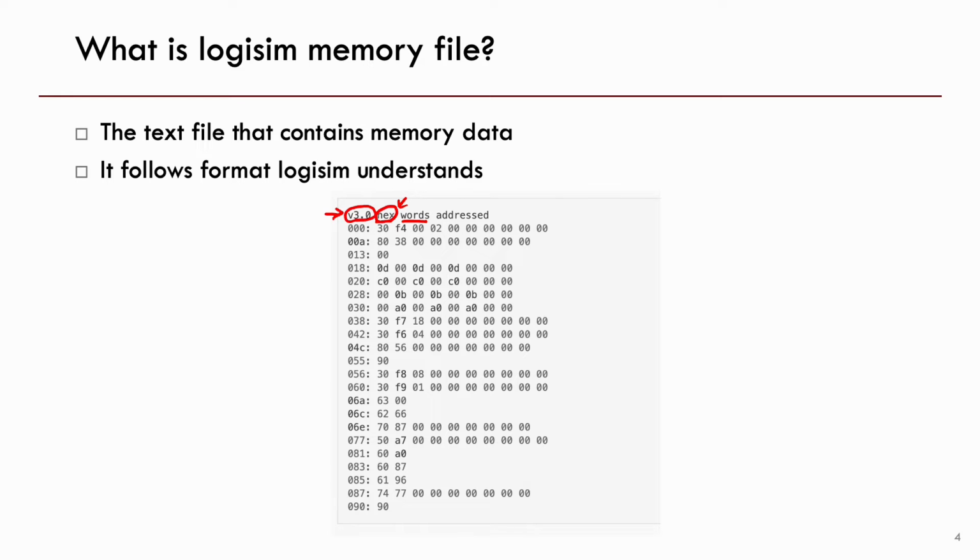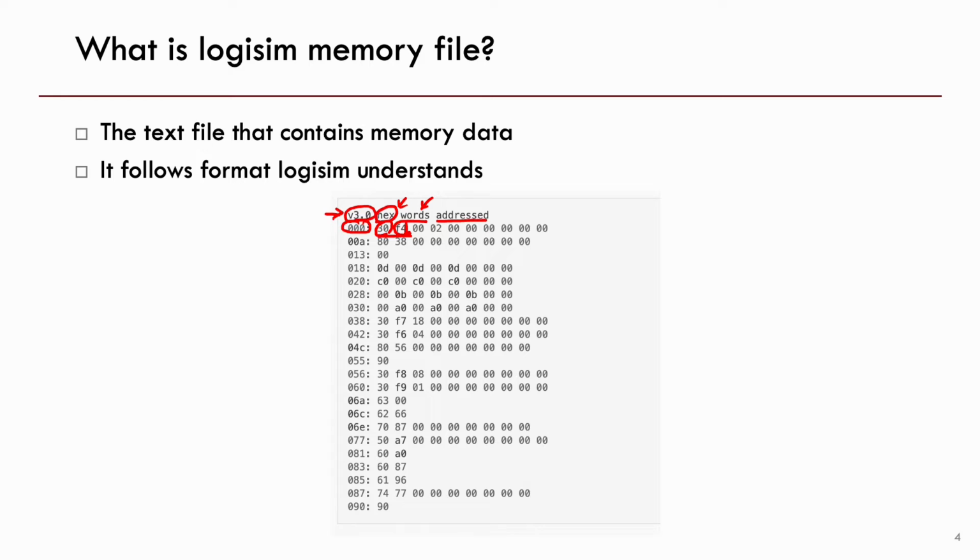We are using hexadecimal notation, and we separate the data word by word. So each word is written, and they are separated by spaces. And then this is the address. This format has address information for this data.